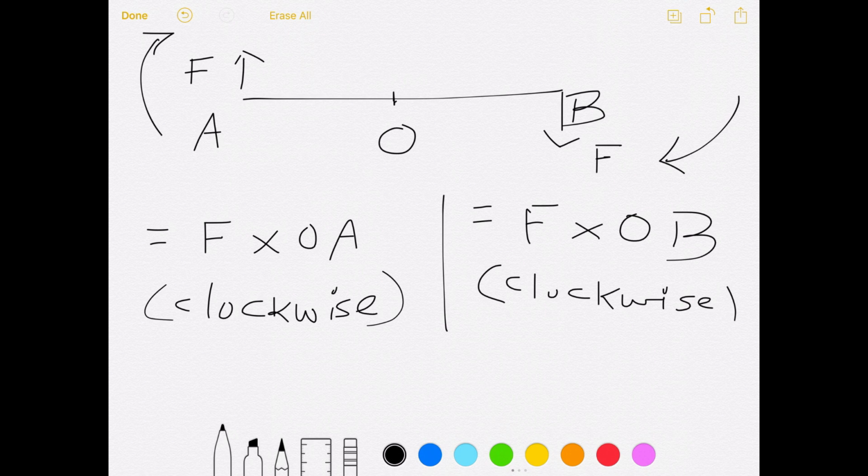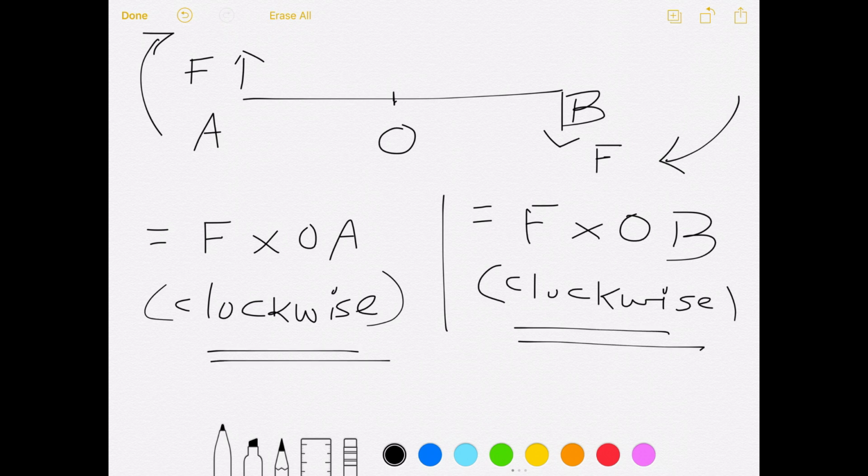If one of the moments was in clockwise direction and the other moment in anti-clockwise direction, then both the moments will cancel each other, and then there will be no rotation of the object. In case of a couple, there is a rotation, so both the moments must be in the same direction.